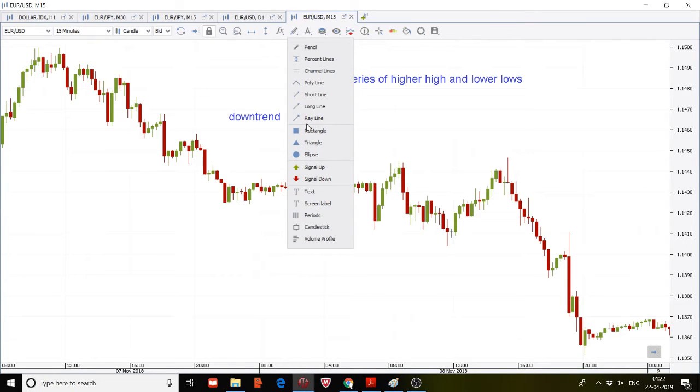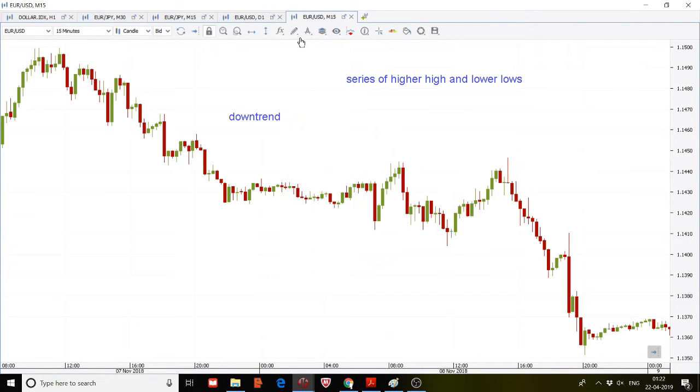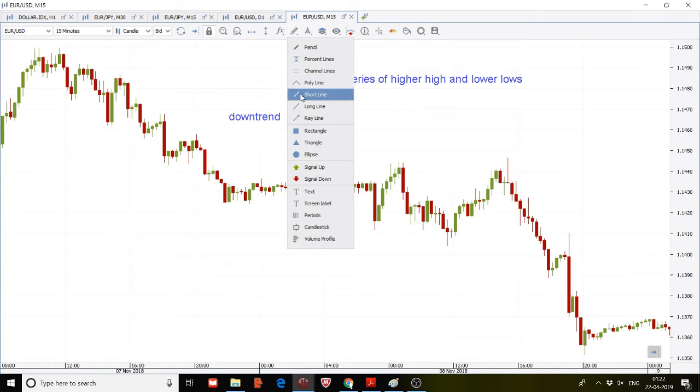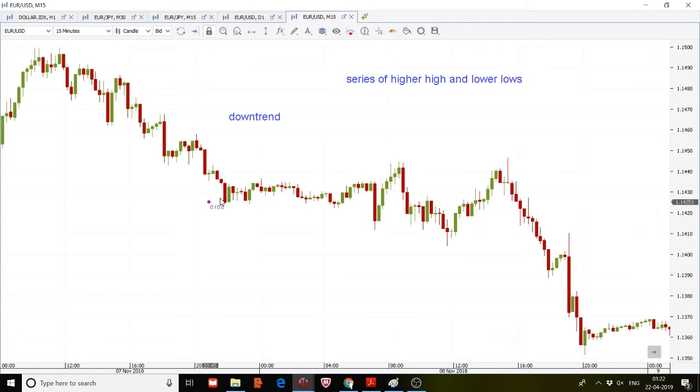If you notice minutely, we will come to know that from here the instrument started moving. And don't worry about the kind of structure you are getting. You just need three things: that the instrument is in a downtrend, and then you are noticing the series of higher highs and lower lows.